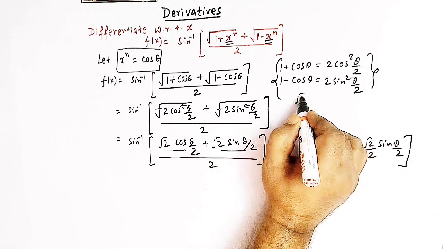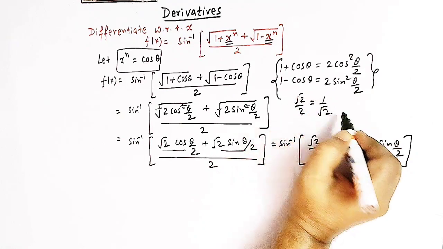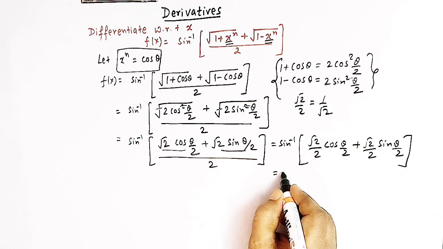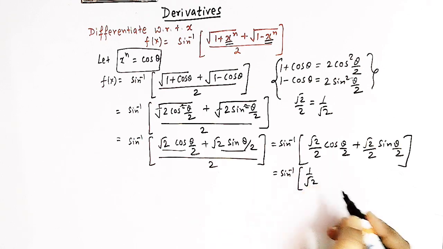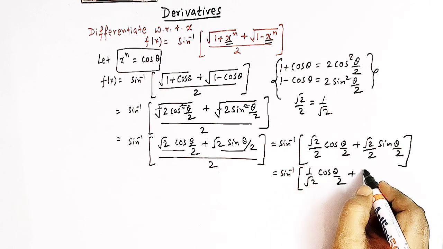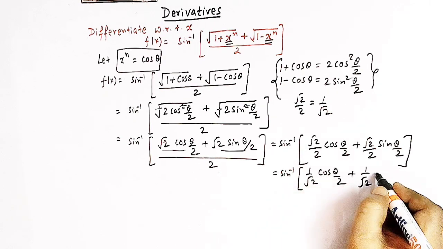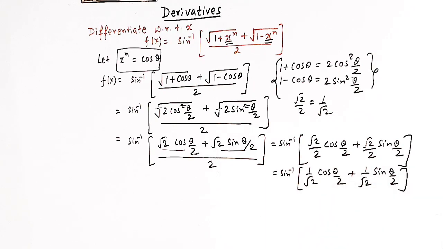Now square root of 2 over 2 is equal to 1 over square root of 2. So now we have sine inverse, and here we have 1 over square root of 2 cos theta over 2 plus 1 over square root of 2 sine theta over 2.